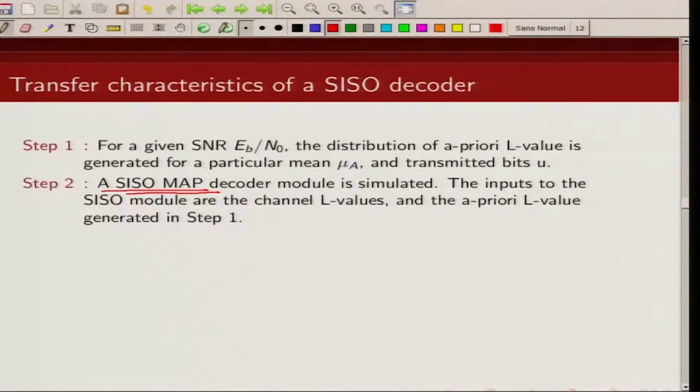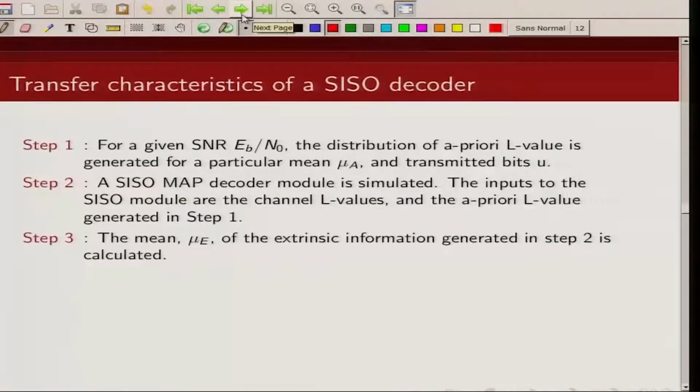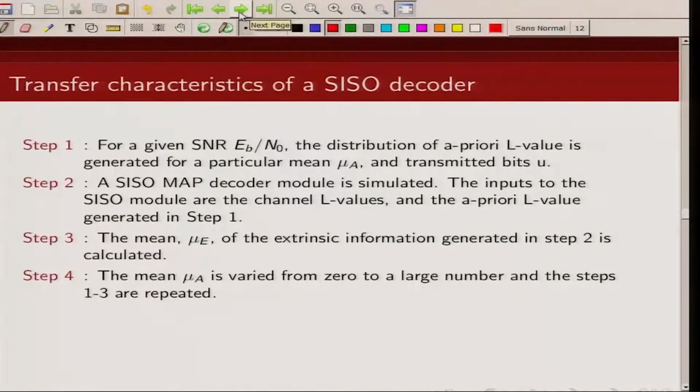We feed these two inputs to the decoder, and what comes out as output are these extrinsic values, and we compute the mean of the extrinsic values. Now, because we are making a Gaussian assumption, our signal to noise ratio is related to the mean.